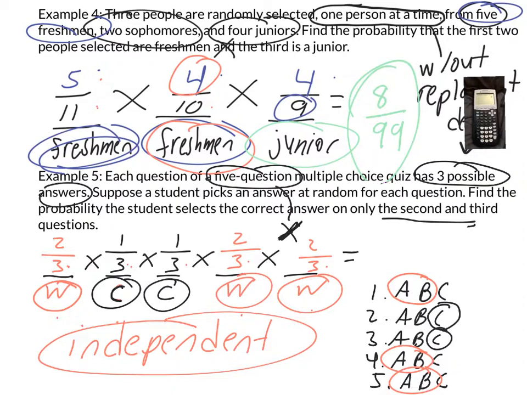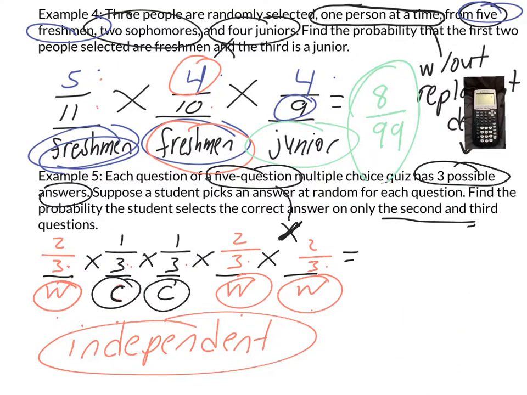So now it's just a matter of seeing if the calculator is going to cooperate. If it doesn't, we will type it in longhand. When you punch this one in, it does cooperate in the calculator. Yay! Just make sure you hit math, frac, enter, and you'll get 8 over 243 as the final answer.